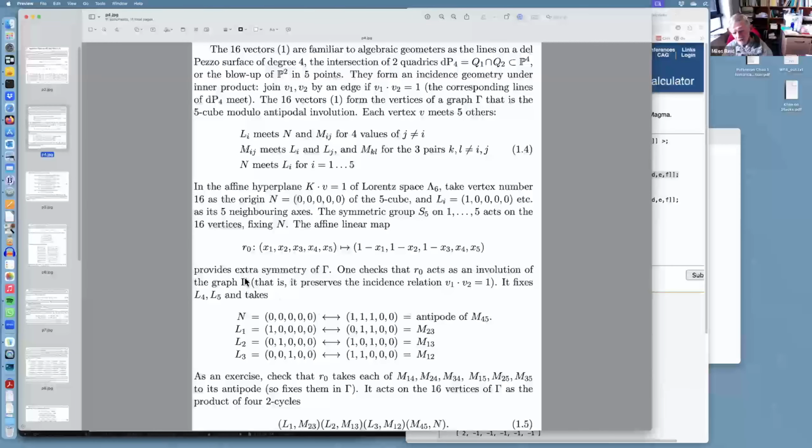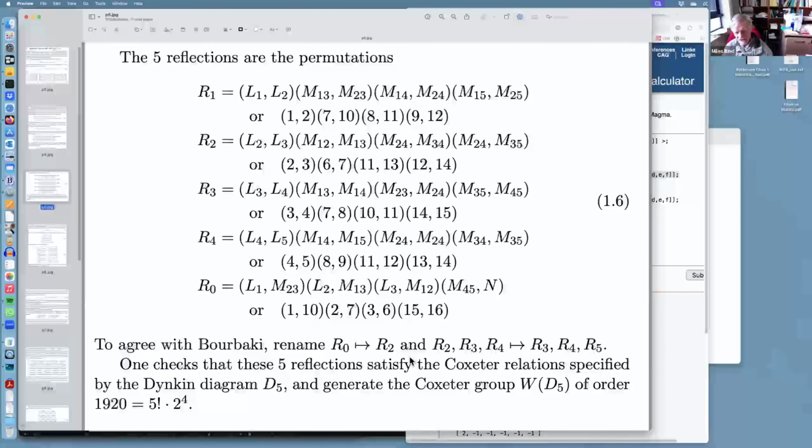So you ask each of these symmetries what they do with the 16 lines I gave you. And this one, R0, does this. You have to check that it's compatible with the antipodal involution. So now I'm going to do 5 reflections.